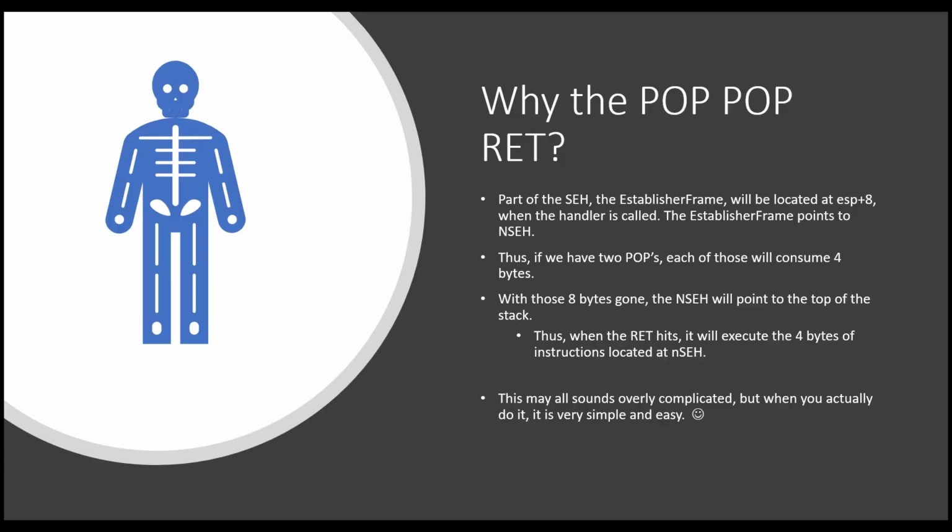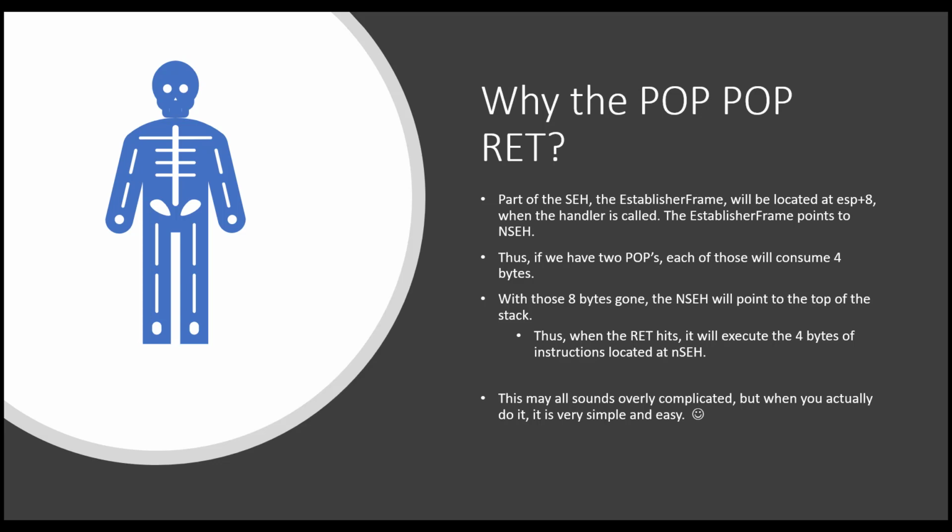In terms of why we would use the pop ret, this gets a little bit into the weeds, a more technical explanation. So part of the SEH, we have an establisher frame that will be located at offset ESP plus 8 when the handler is called. That's a constant. That's always going to occur. And so at that point, the establisher frame points to NSEH.